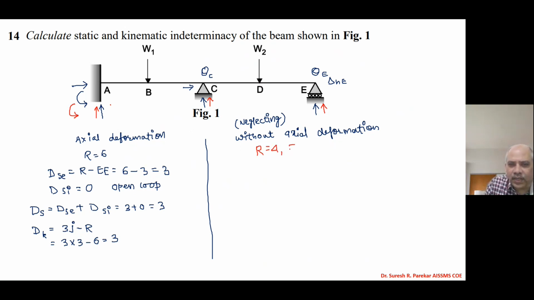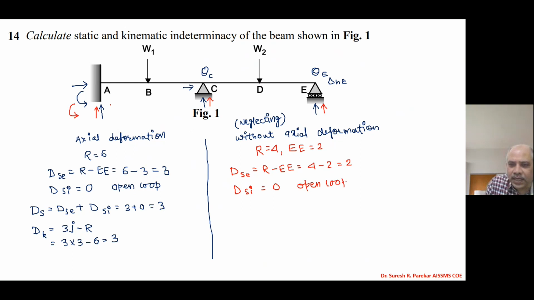Now the equilibrium equations in this case we have 2 only because summation Fx is not considered. And then we have DSE equal to R minus equilibrium equations. R we have 4 minus 2, and that is equal to 2. Then DSI we have 0 because again we have open loop.